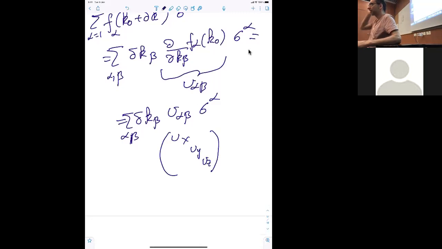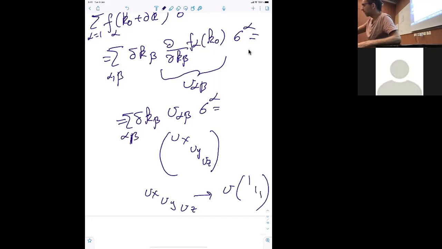Then all these Vx, Vy, and Vz become some V times the identity matrix. And this Hamiltonian becomes V delta k sigma in the rescaled and rotated variables. That would be an effective description of the vicinity of the Weyl node in a convenient basis.